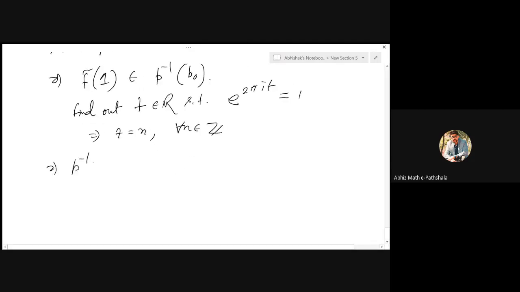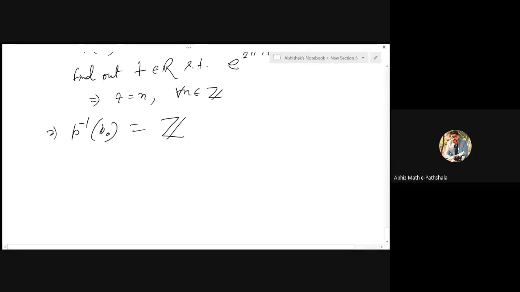So actually you have P inverse of B naught as your Z. This means that the endpoints of the liftings of each class will be an integer n, right? So f tilde of 1 must be some integer n.